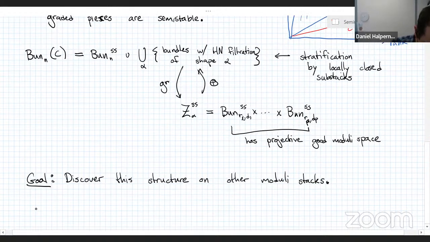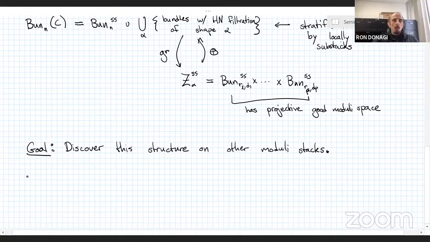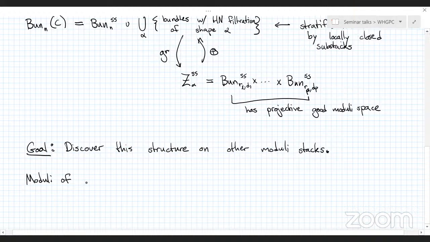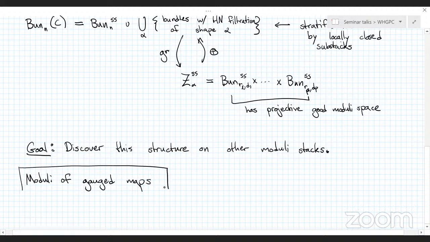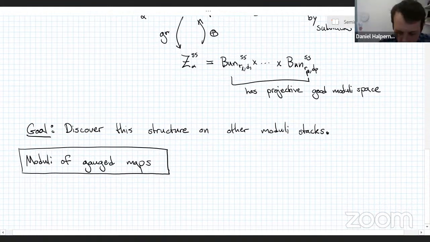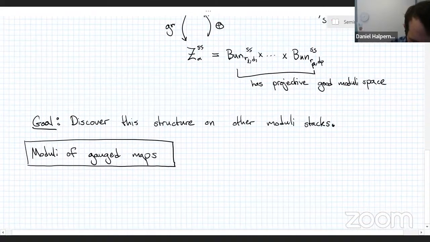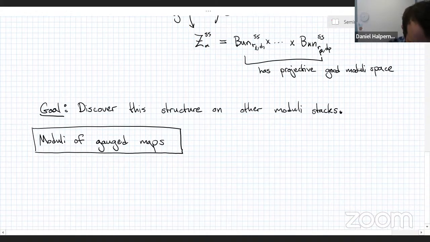Okay, so what I'm going to tell you about is the moduli of gauged maps. Still working over C just because it's easier to think about.